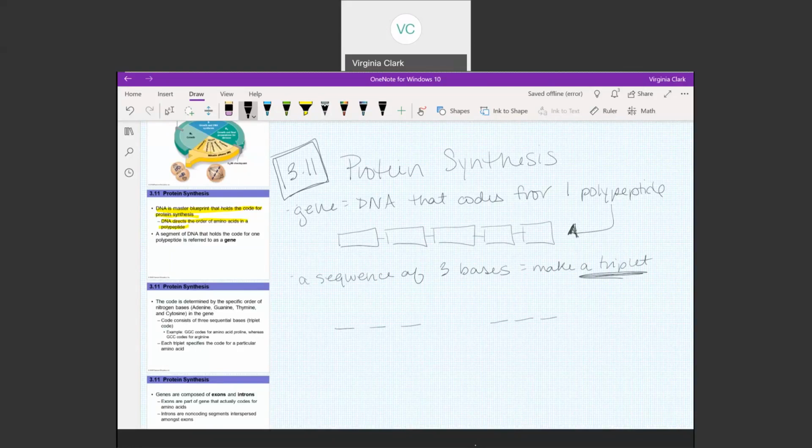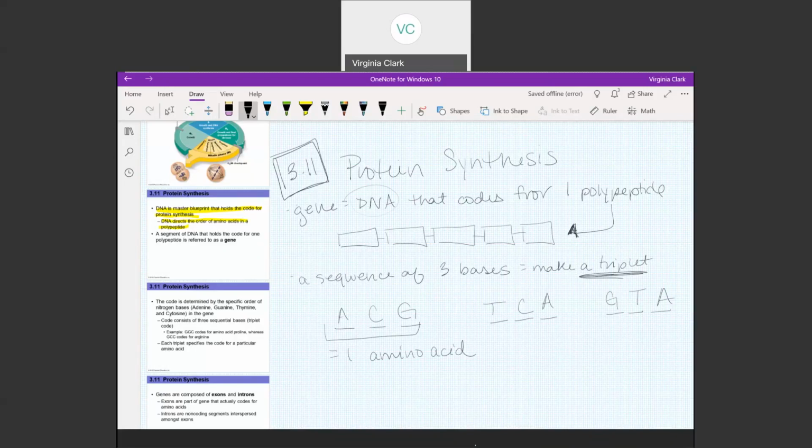What we're talking about with this is our DNA bases, because we are still in the world of DNA. So I'm going to have an A, T, C, A, G, T, A. These are a sequence of 3 bases, and this is going to make a triplet. This is essentially a word. This one word equals 1 amino acid.